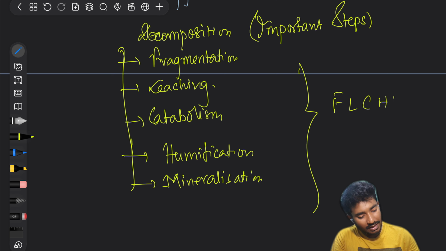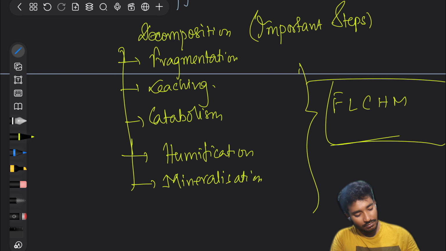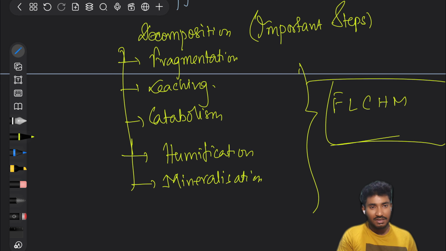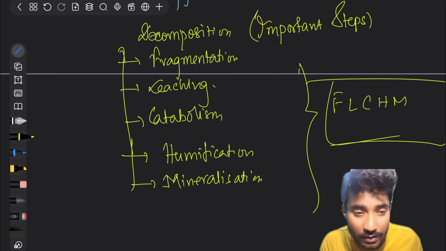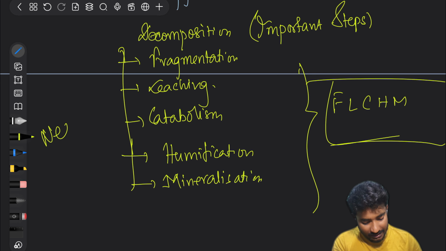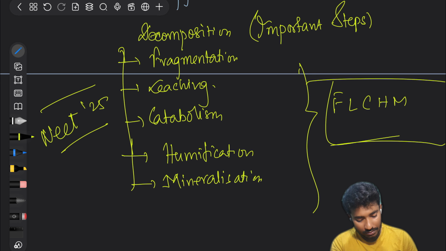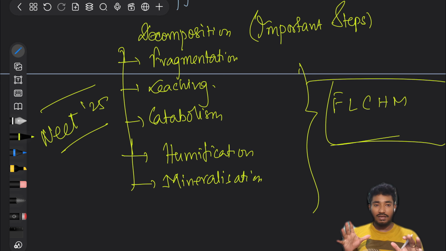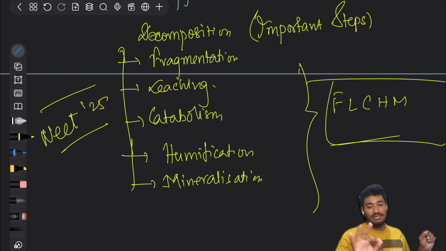To remember, the mnemonic is FLCHM. It can be given as a probable question in NEET, because options are given and you have to choose A, B, C, D, E. So please try to remember this.